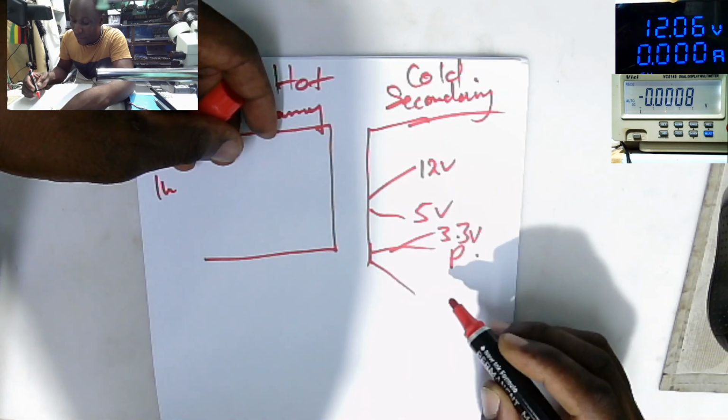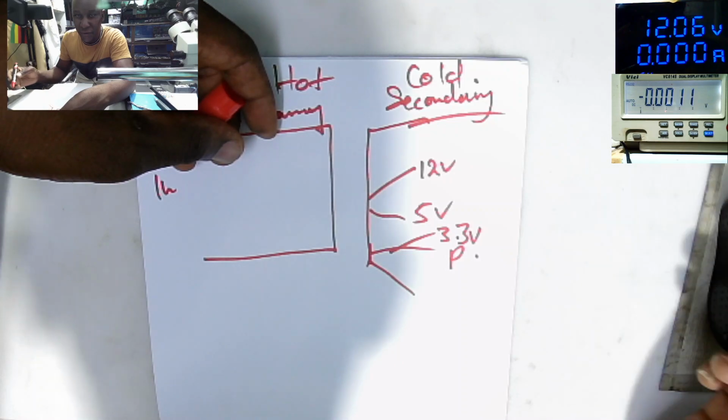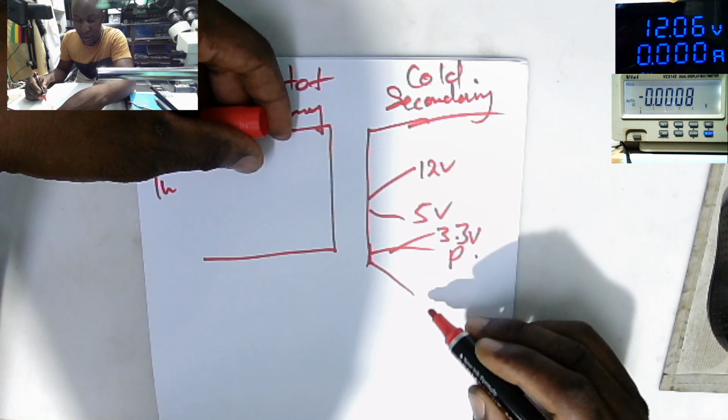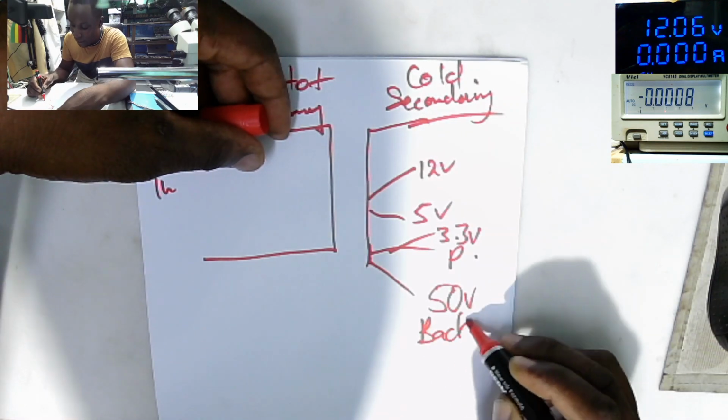And we have maybe 30, 40, 50, 60 volts depending on the size of the TV. Let's say 50 volts for the backlights.